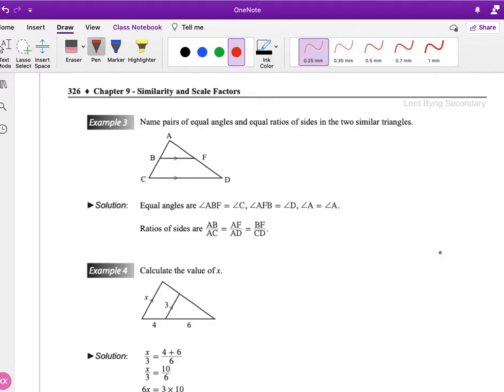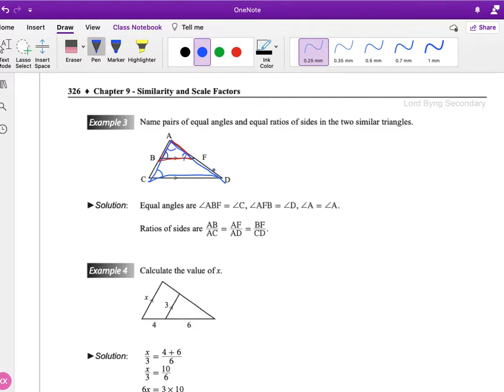Name the pair. What does this mean? Triangle ABF is similar to triangle ACD. The reason is that if they're parallel, then this angle and this angle are equal, and they share the same angle.